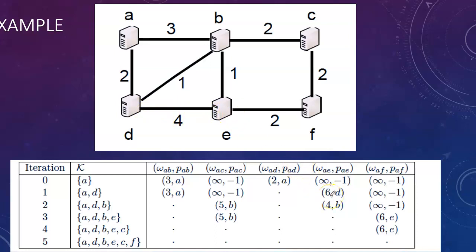In fact, if this link BD had a weight that was less than 1, the cost to B via D would have been less than 3. So then the cost of B would have been updated. Okay, but currently it isn't updated.